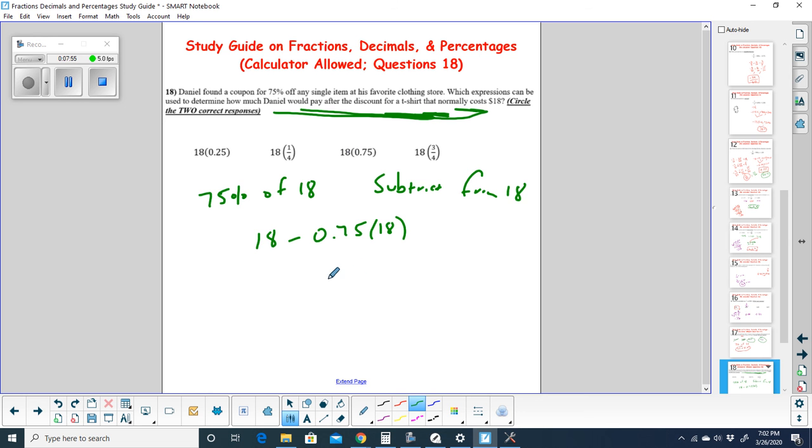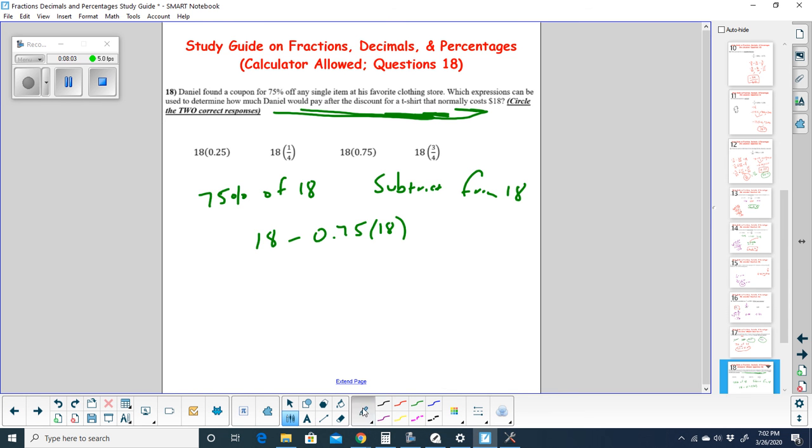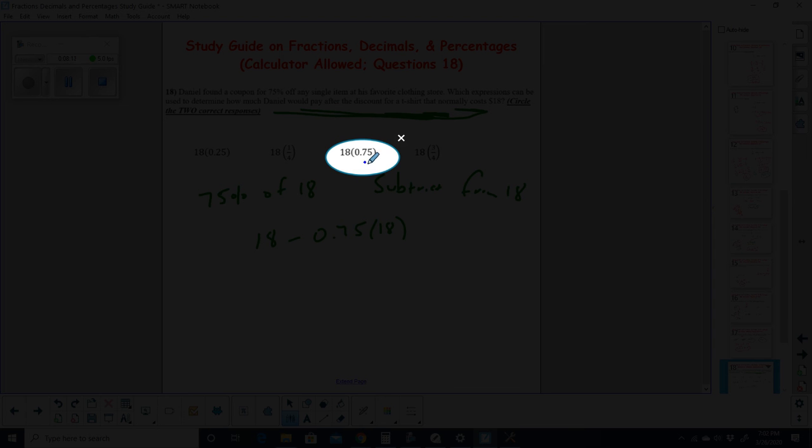I'm going to use my magic pen. You'll like this. This piece here is the same as this piece, oops, sorry about that.